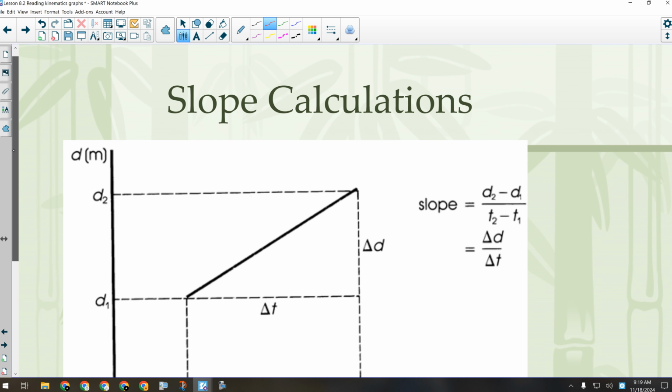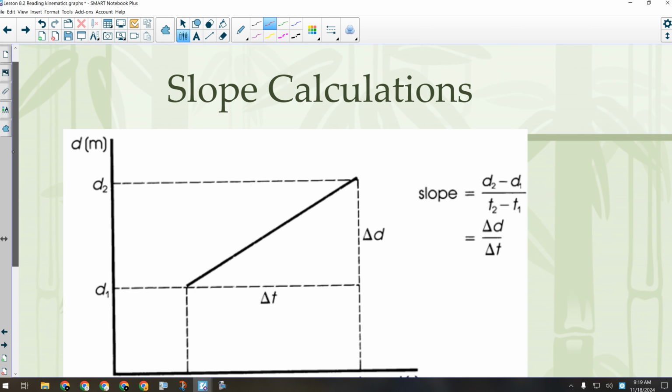Now, slope calculations. How many people have done slope calculations in math already? Okay. I beat math to this. All right. So here's what slope means. Slope is essentially the rate at which the line rises divided by the rate at which the line runs. So basically, how steep is the line?